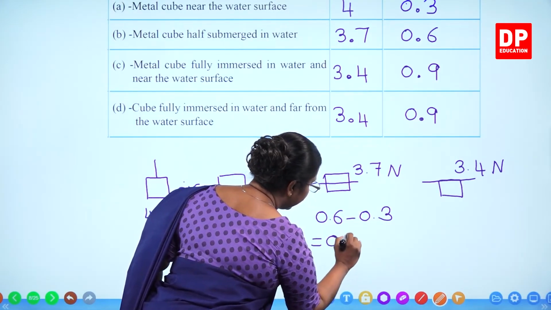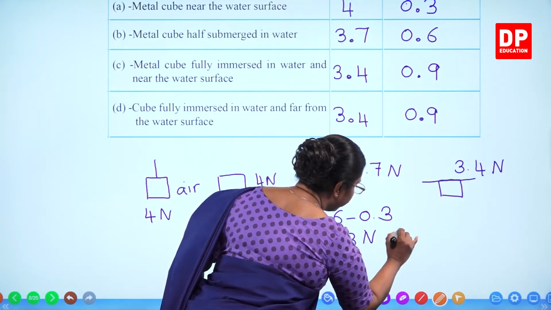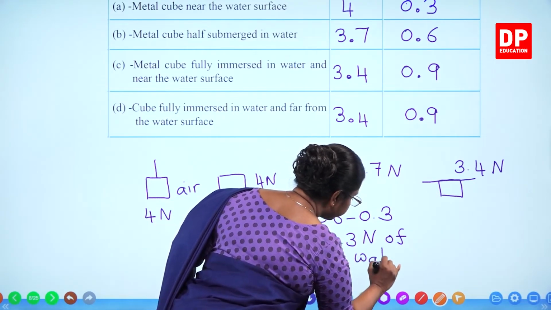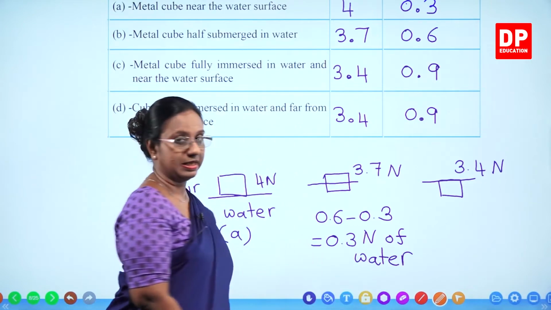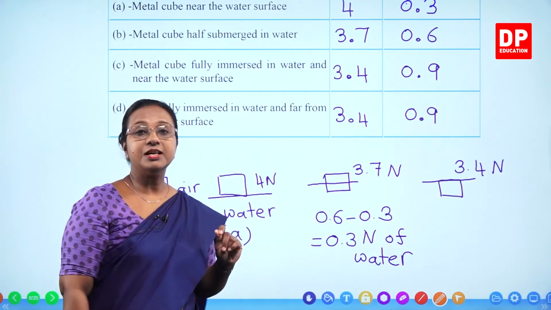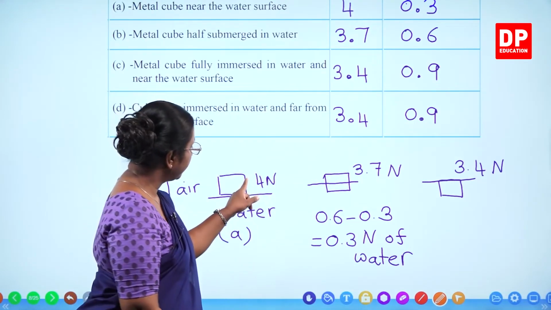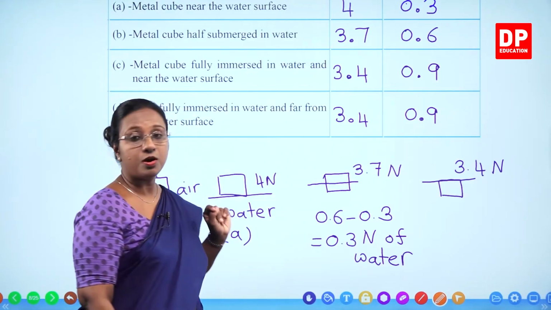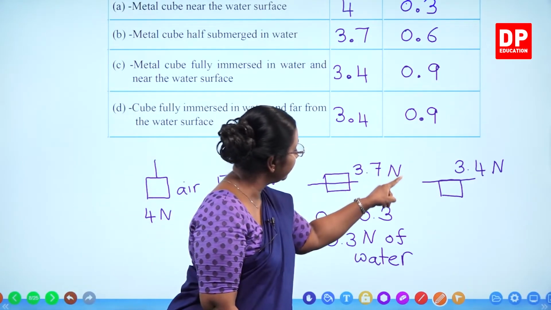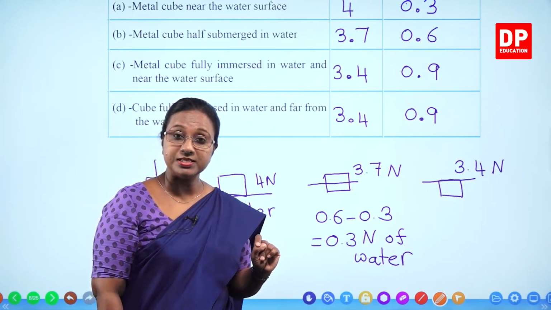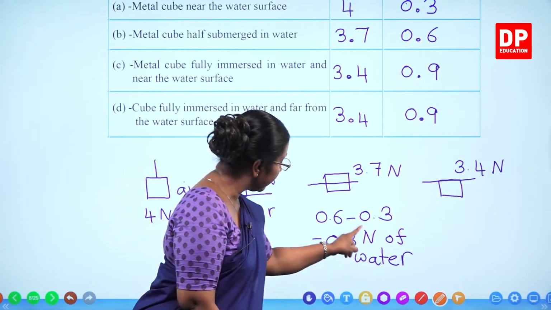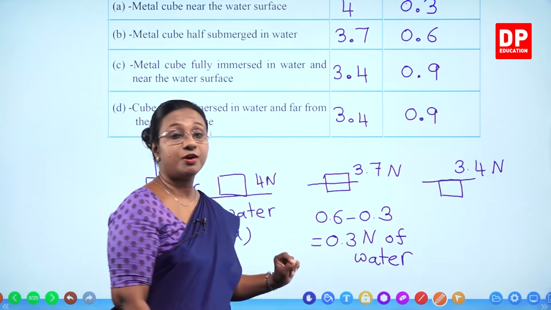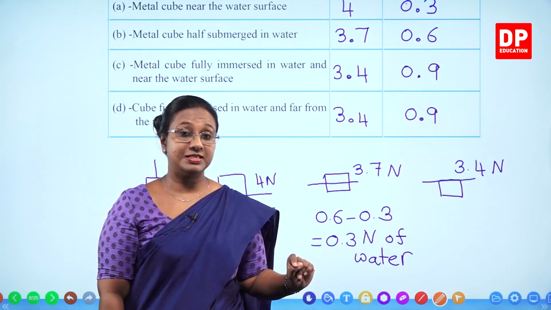That is again 0.3 Newton of water that was displaced. Can you see a relationship there? Here it's 4 Newton, only the object. Now the weight of the object has become 3.7 Newton. At the same time, 0.3 Newton of water has been displaced.